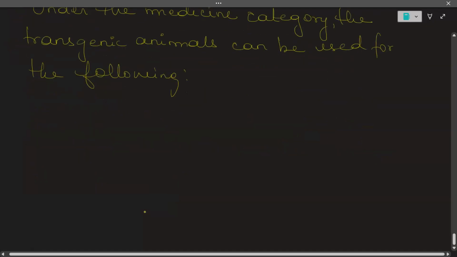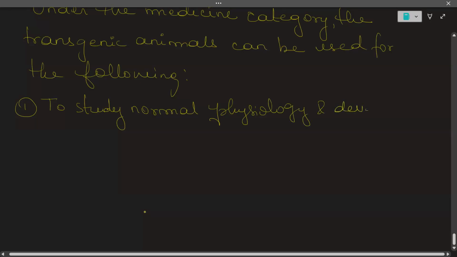The first, like I told you, is to study normal physiology and development. Then they can also be used to study diseases.